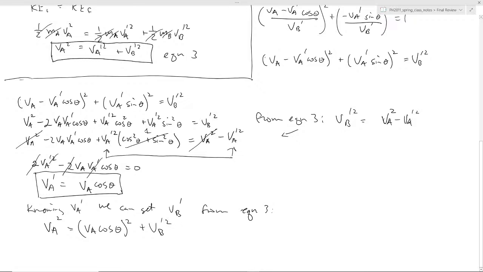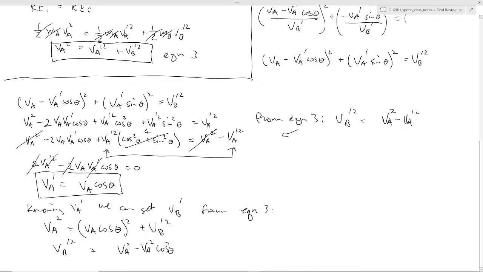So then we could subtract, move stuff around here. We would find VB prime squared would be VA squared minus VA squared cosine theta squared.